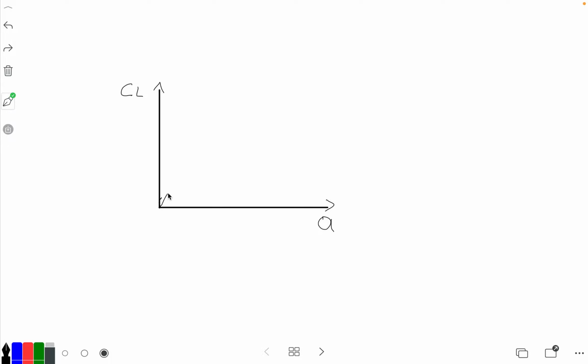We can see here the coefficient of lift increases up to a point where we achieve coefficient of lift max, and then drops suddenly.